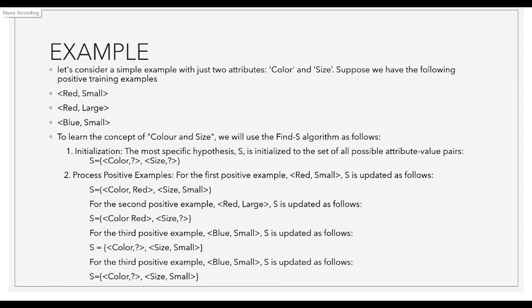In the second step, process the positive examples. For the first positive example, we will consider the values red and small. For the second positive example, we will consider red and large values, and S is updated as follows. S equals color red and size question mark.